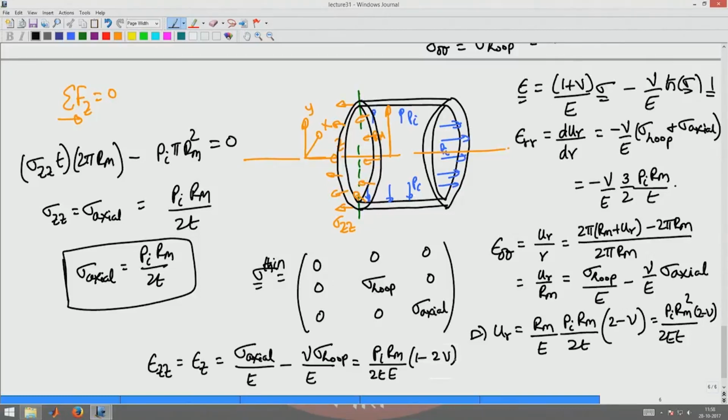In all this I assumed the external pressure to be 0 in these cases.